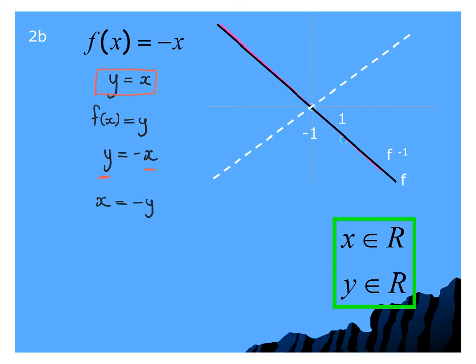If I now make y the subject, I divide both sides by the negative and I land up with negative x equals y. But we do not want the y as a name, so we then give it its inverse name. F to the minus 1 of x is the inverse of f of x. This is a peculiar one because its inverse is the original, which is quite beautiful actually.